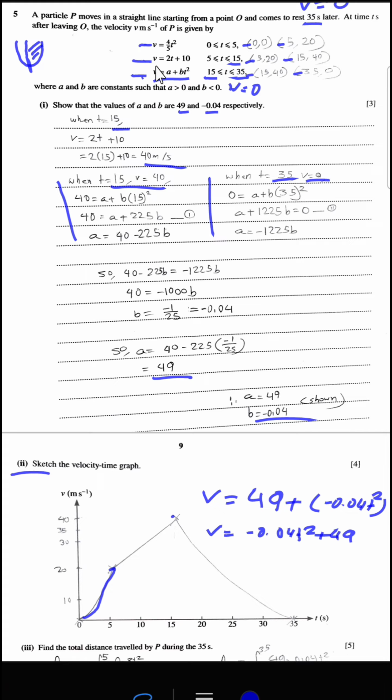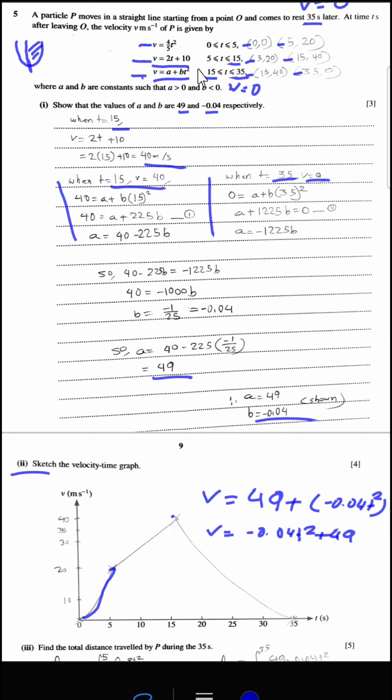Then we can see that v is equal to 2t plus 10. Since it is a straight line graph, that means we would have a straight line from time t equal to 5 to time t equal to 15, for the velocity between 20 and 40 meters per second.